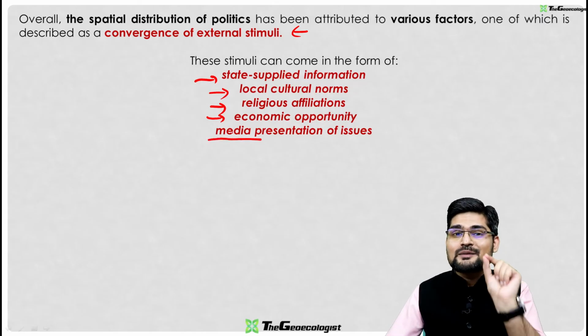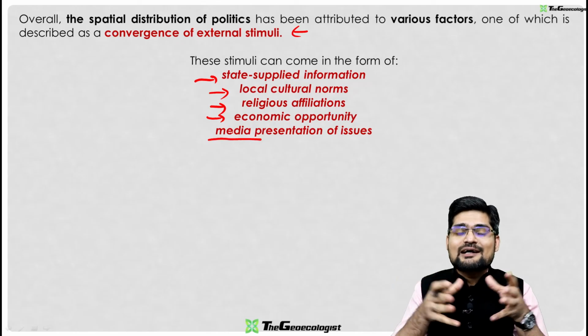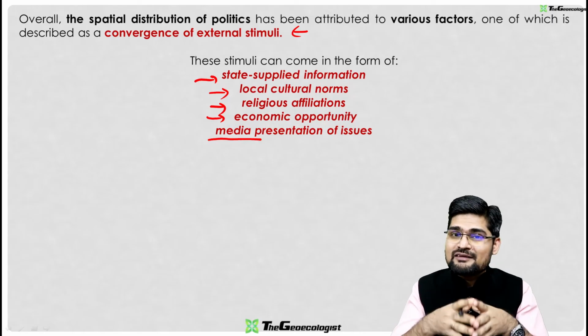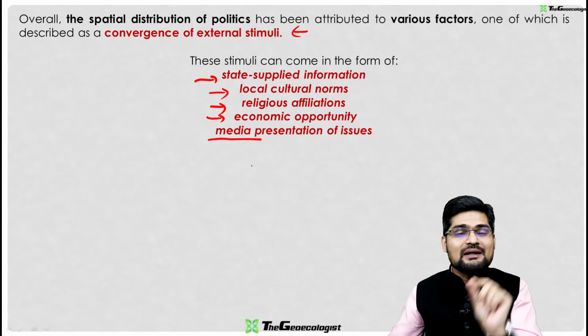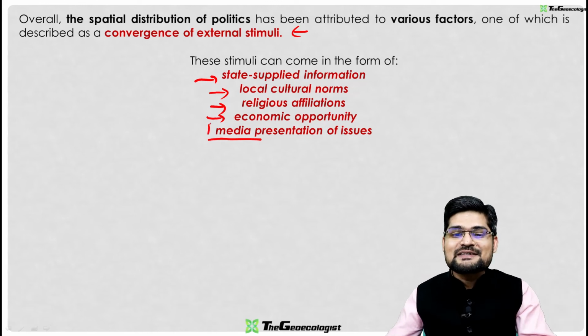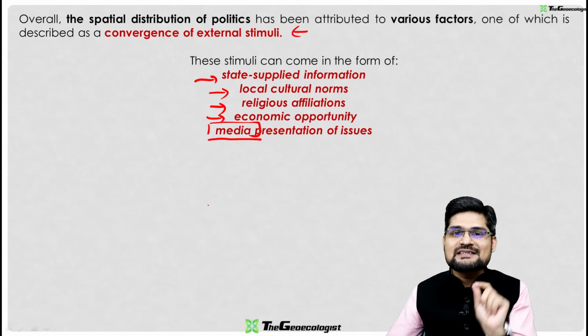So media representing a particular issue has become really very important, and you may see around yourself which political party is using the media for its benefit, or is also using media to actually demean someone from the other party. So media has become a really important role player in the spatial distribution of these elections and their results.